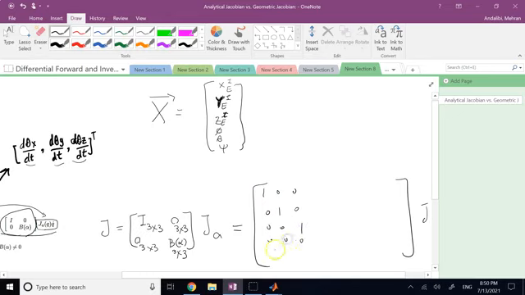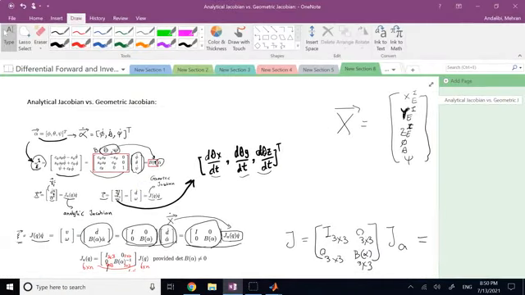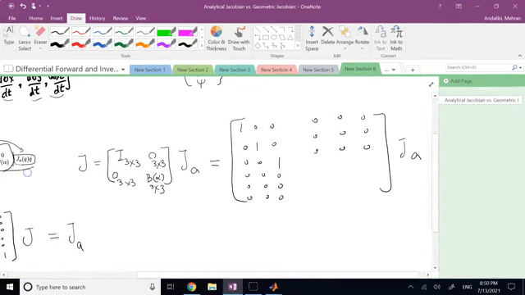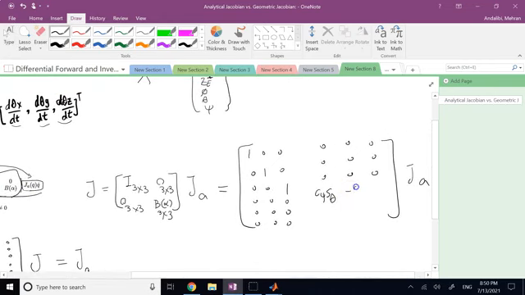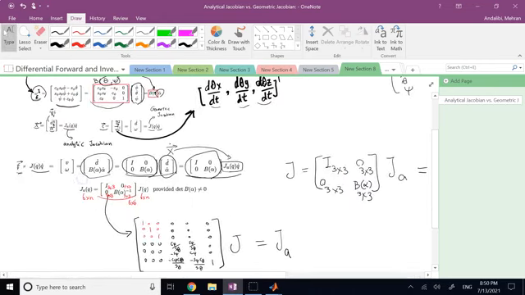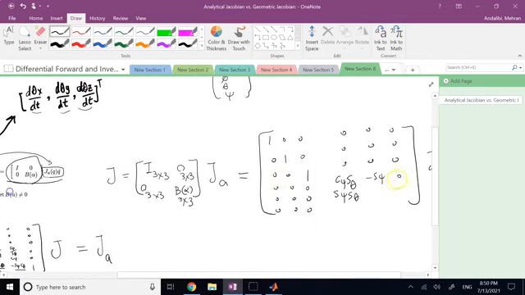Let me just write this one fast too, so our notes are good and complete. And it was basically cosine psi sine theta, negative sine psi 0, sine psi sine theta, cosine psi 0.